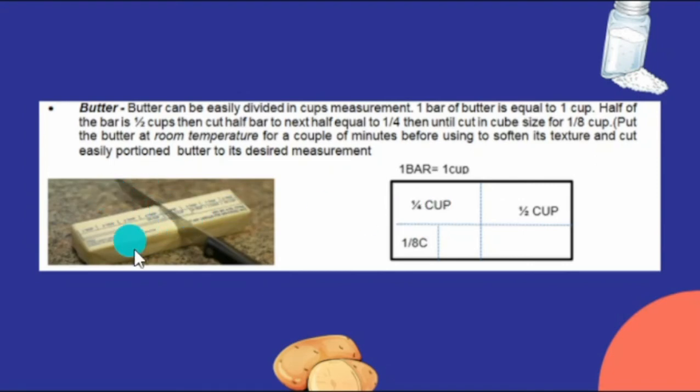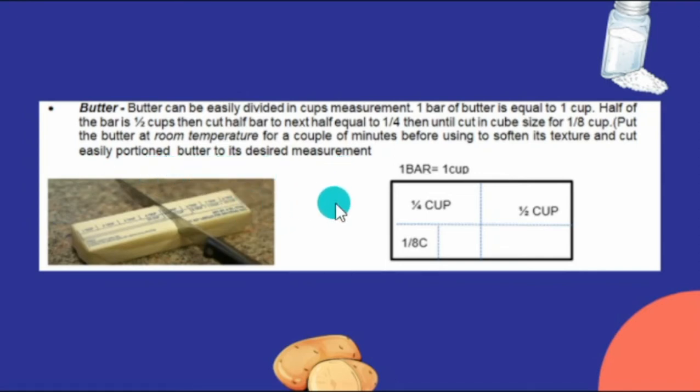If you will divide it into 4, first cut it in half, then cut the half in half again. So you will have 1/4 cup or 1/4 butter. They are almost the same. After that, you can put the butter at room temperature for a couple of minutes before using, to soften its texture and cut easily portioned butter to its desired measurement.